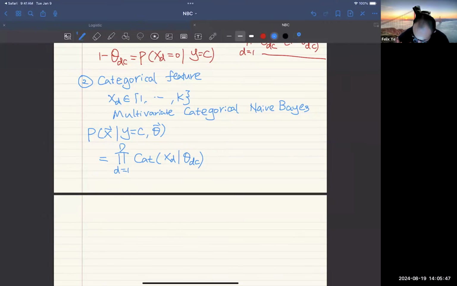And this theta dc becomes a vector, where theta dck is equal to the probability of xd equal to k conditional on y equal to c. So this is the multivariate categorical naive Bayes, and also the summation of theta dck is equal to 1 if you sum over all possible k's.